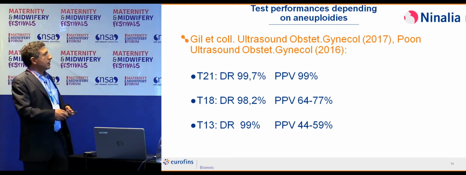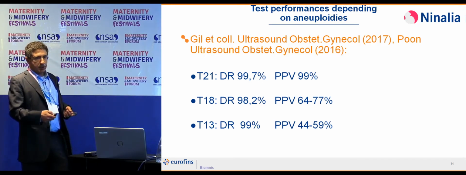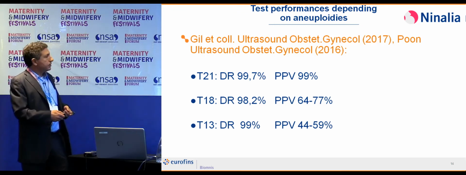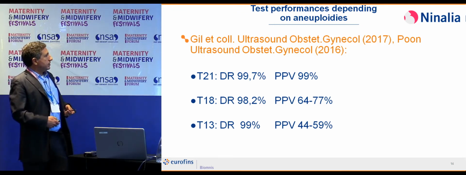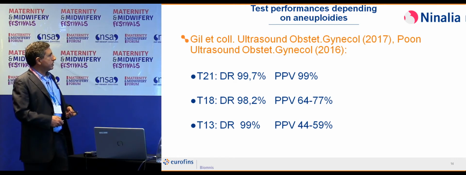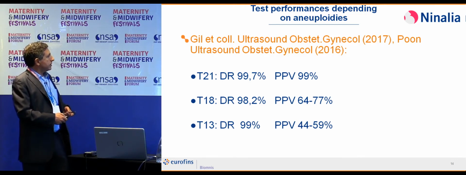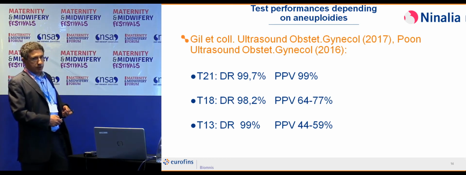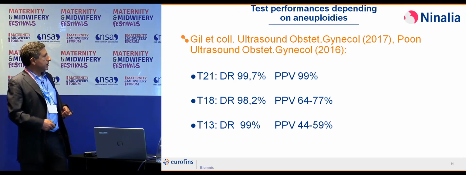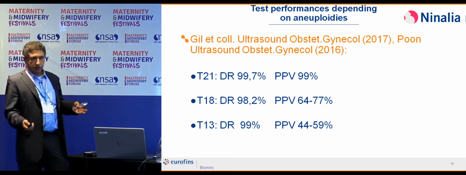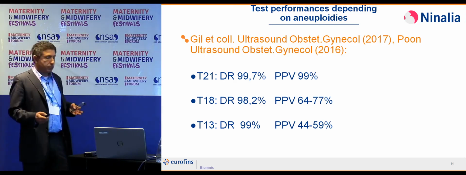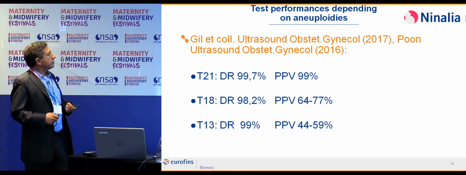So in 2017, there was a worldwide meta-analysis, which showed that the detection rate is 99.7% for trisomy 21, 98.2% for trisomy 18, and 99% for trisomy 13. So very good detection rates for all those three trisomies.